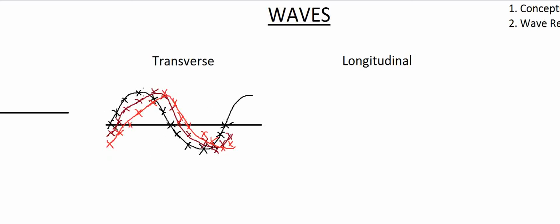The wave particles move sort of like this, and this is the point of equilibrium. The wave particles don't actually move to the right themselves, but they move up and down.